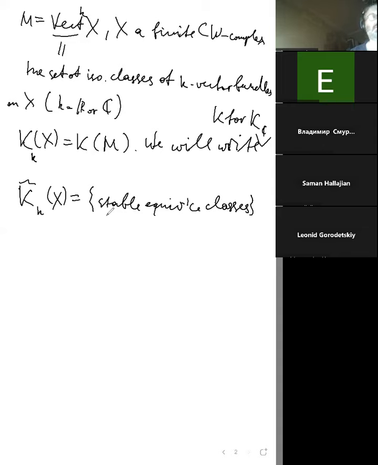The stable equivalence is the equivalence relation generated by adding epsilon^1, where epsilon^1 is the trivial bundle of rank 1.